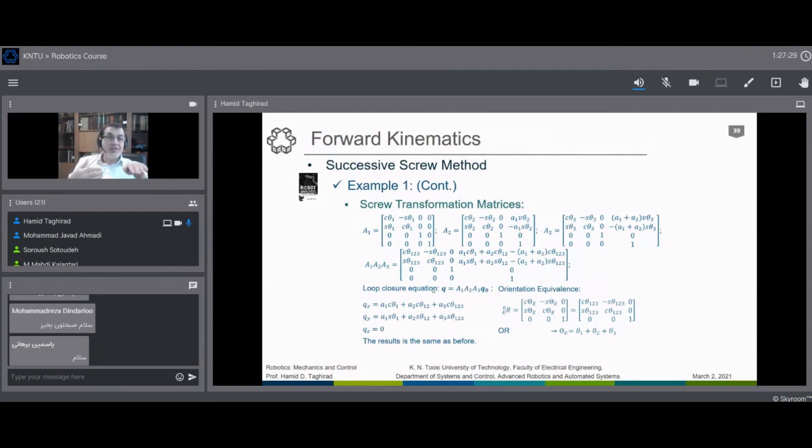You should learn it to get familiar with it, but it is much simpler. In the next session, we go into the Jacobians. It becomes much simpler again, and also in the dynamics as we go forward, we use this screw representation for the dynamics.